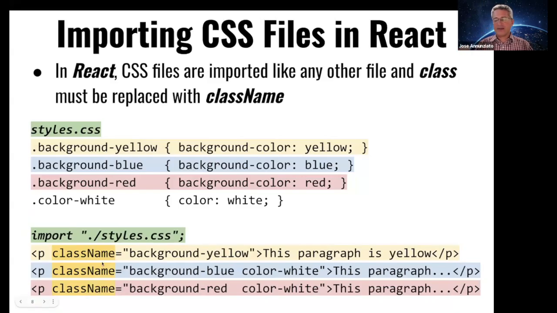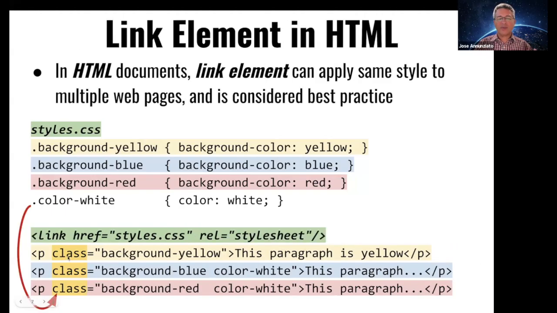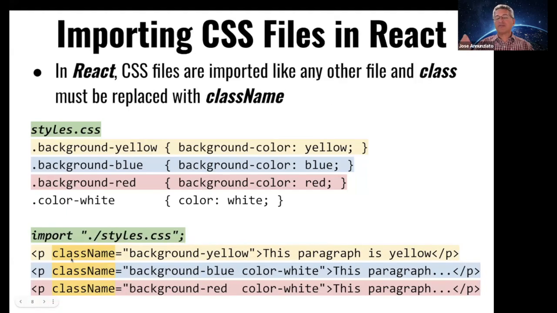The reason is that since we are in a JavaScript file, the keyword class is already reserved in the JavaScript namespace. It's reserved for declaring classes in the object-oriented jargon. Classes allow you to declare structures that can be instantiated into objects and whatnot.